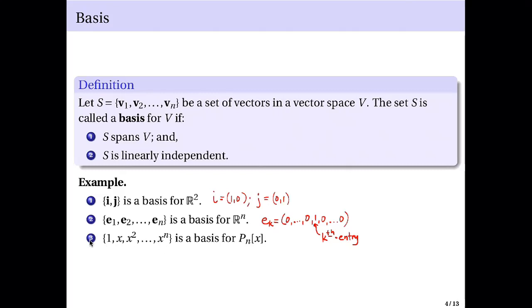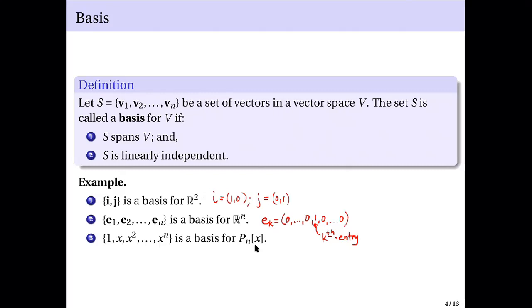So this is also a basis for Pn. We call this the standard basis. This one is the standard basis for R2. This one is the standard basis for Rn. And this one is the standard basis for Pn.